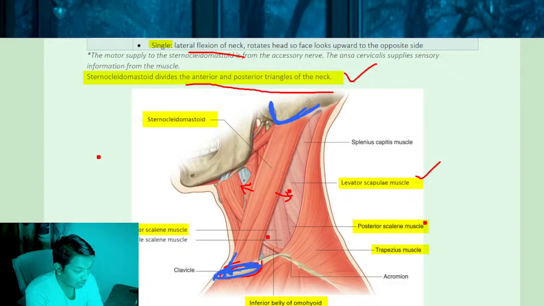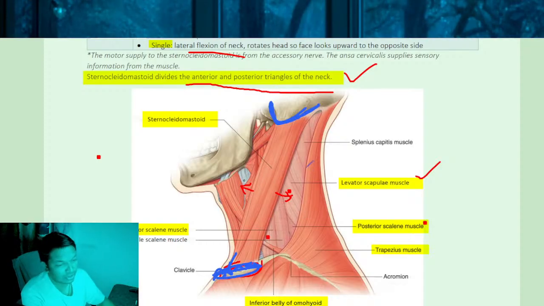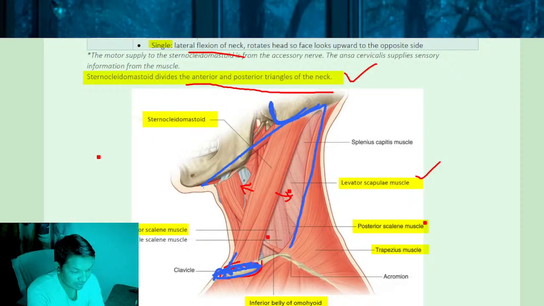So this is the sternum, clavicle, and mastoid, hence the name sternocleidomastoid. This is very important because it divides the neck triangle into different components. The part anterior to it is called the anterior triangle. The part behind it is called the posterior triangle.